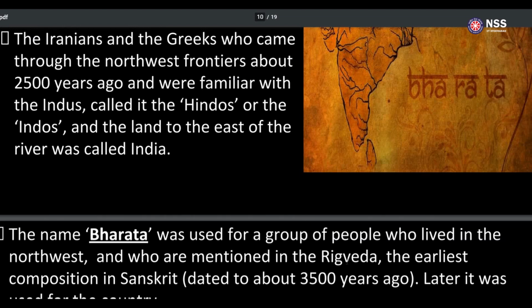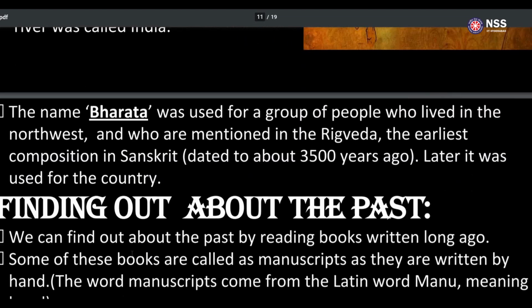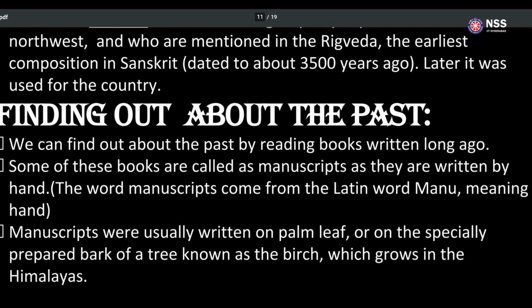You know our four Vedas: Rig Veda, Yajur Veda, Sama Veda and Atharva Veda. As mentioned in the Rig Veda, the group of people who used to live in the northwest were called Bharata, and later it transformed into the name of a country. So the name of our country came to be called Bharata.